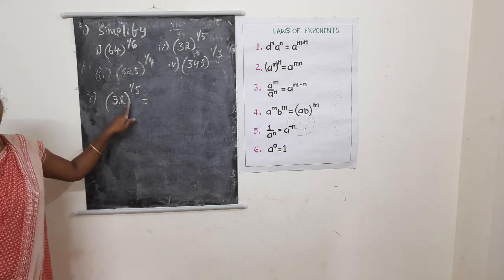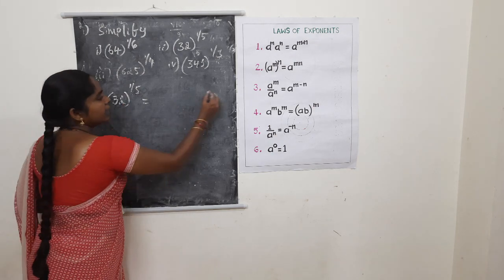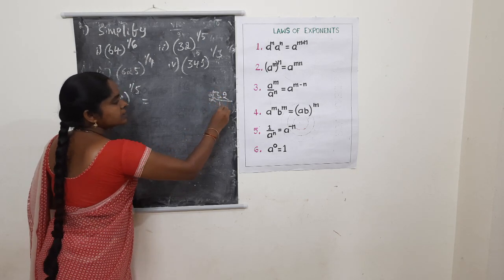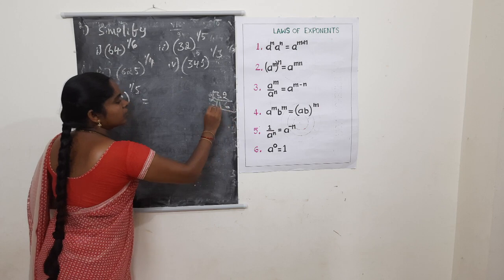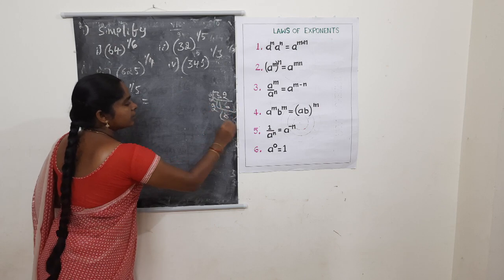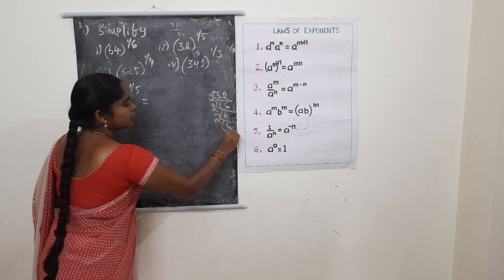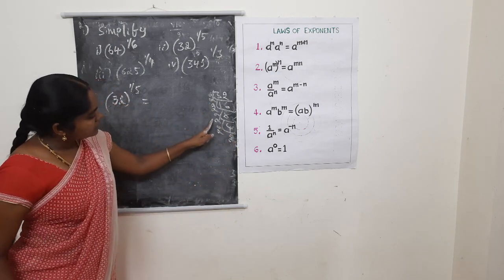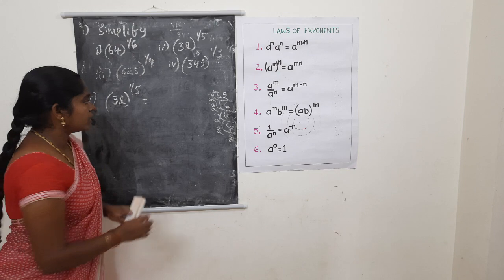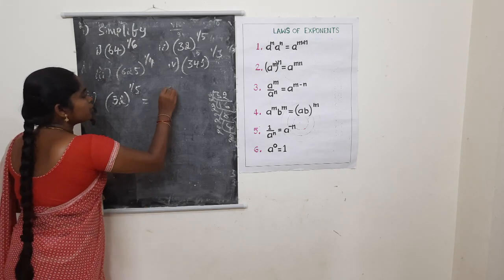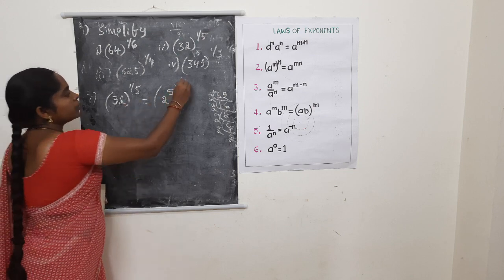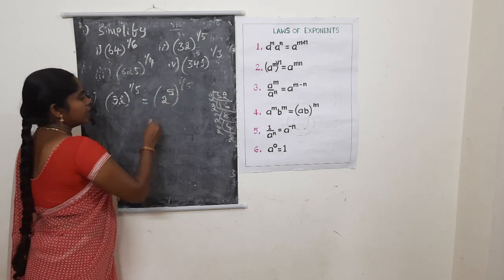So 32 can be written as 2 times 2 is 4, 4 times 2 is 8, 8 times 2 is 16, 16 times 2 is 32. So how many 2s are there? 5. So in the exponential form, (2 to the power of 5) whole to the power of 1 by 5.